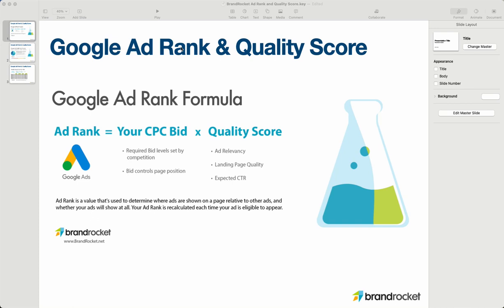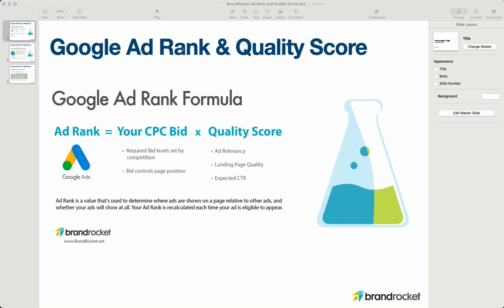So you can't just simply own the top of a search by bidding your way to the top. I guess you could. I mean, technically you could if you just wanted to spend recklessly to some extent. But in most cases, it's not going to work. So ad rank equals your CPC bid times your quality score.